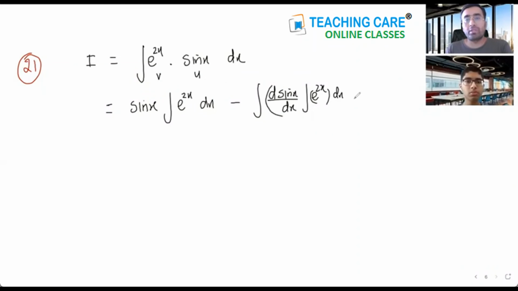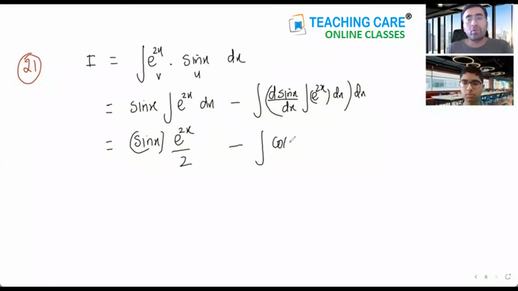So sin x stays as it is, the integration of e raised to the power 2x is e raised to the power 2x divided by 2, minus cos x into e raised to the power 2x divided by 2, so I can write 1 by 2, dx.